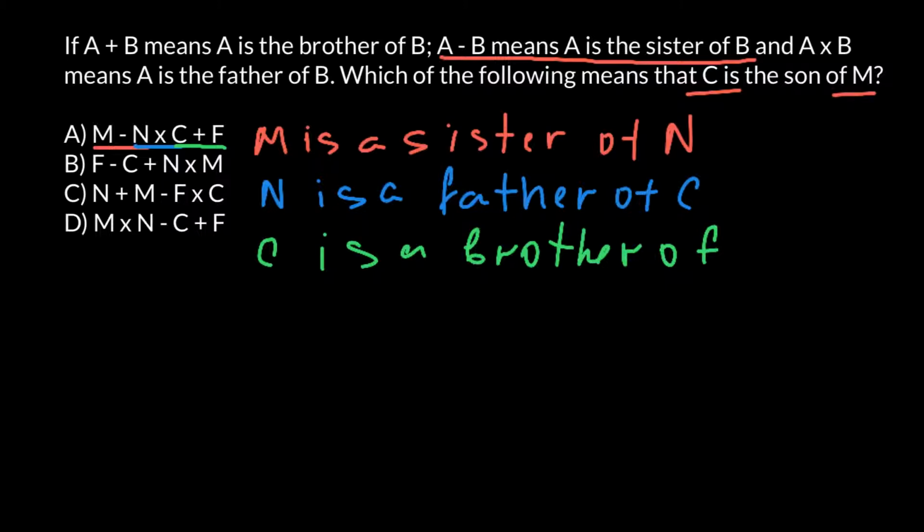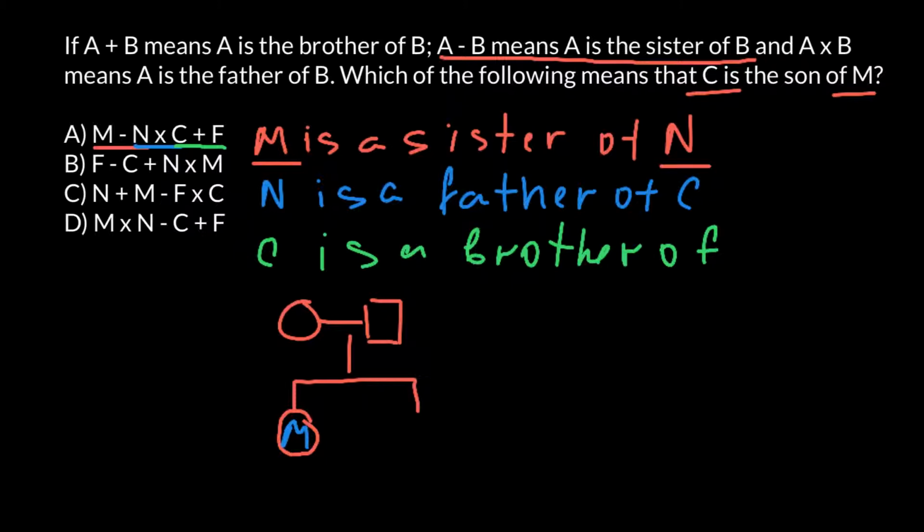Now we can solve and see if C is a son of M. M is a sister of N, so M is obviously female. Let's put M inside a circle. She's female and she's a sister of N. So let's put the connection, and of course they would have a mother and father.